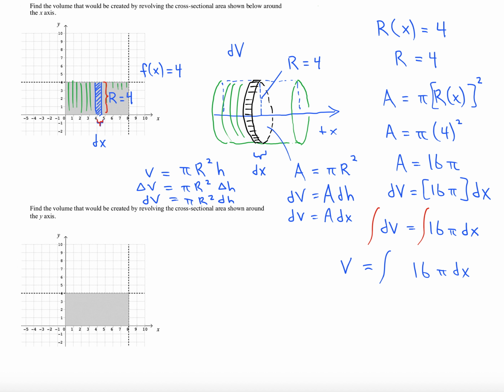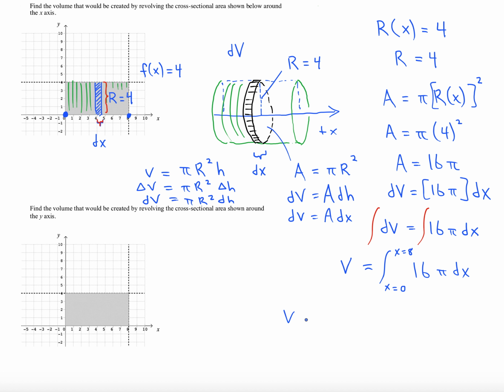We want a definite volume and a final number for our answer, so we do want to put limits on this integral. And our limits have to match the type of variable that's being used in the integration. So this is a dx, so we have to put x values here. We'll go from x equals 0, that's this point, to x equals 8. And what this says is just add up all the disks from 0 to 8.